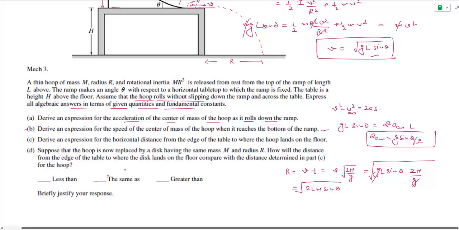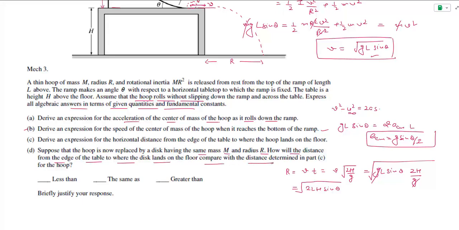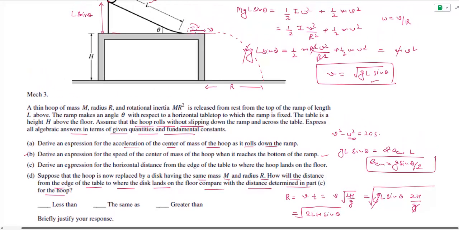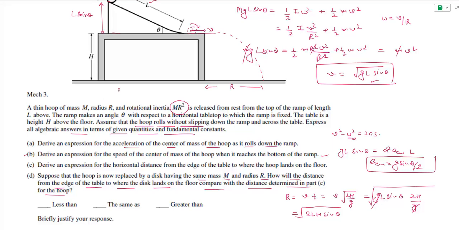D part, suppose the hoop is now replaced by a disc having the same mass m and radius r. How will the distance from the edge of the table to where the disc lands on the floor compare with the distance determined in part C for the hoop: whether it is less than, the same, or greater than. This is a very simple question, not difficult. The only thing that will change is the moment of inertia. For the hoop, the moment of inertia is mr square, but for the disc, the moment of inertia will be half mr square. So that moment of inertia will become half.